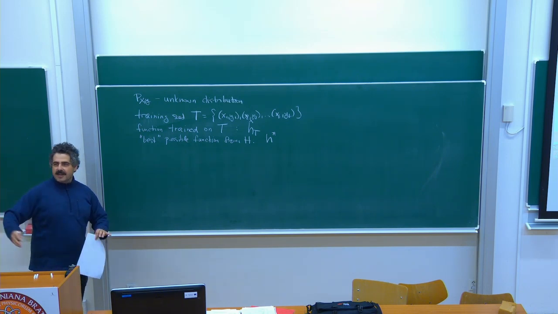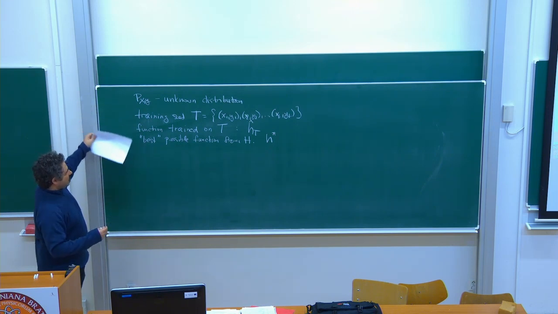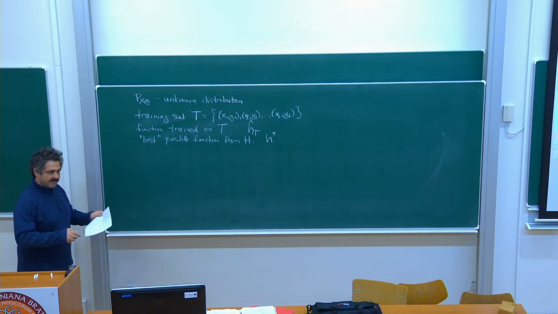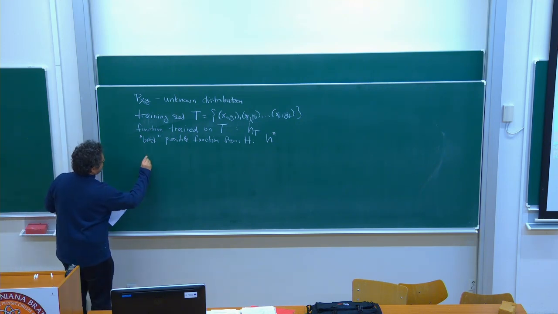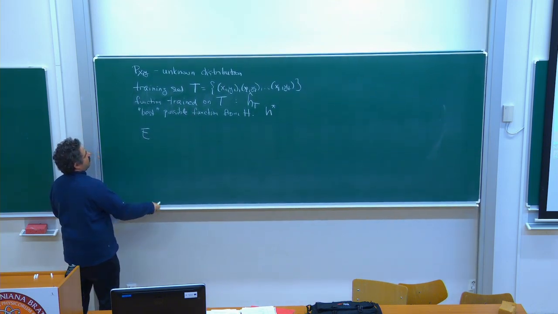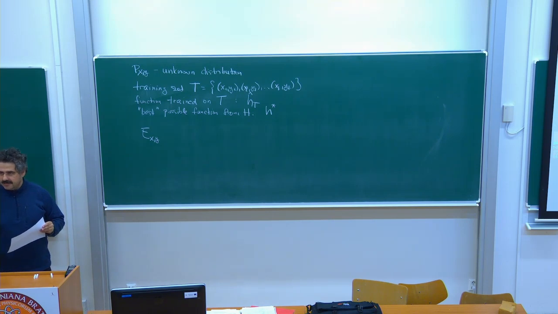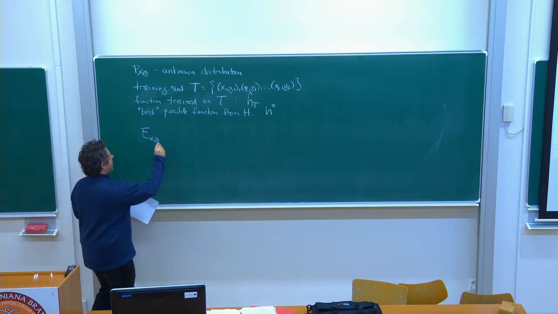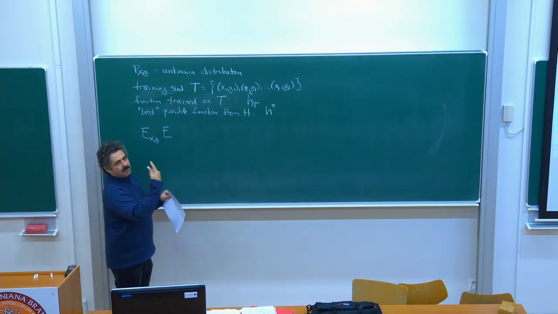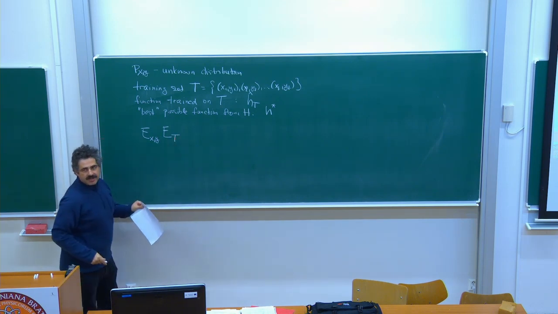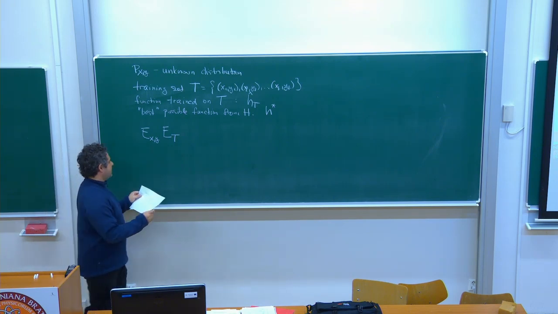That's the whole thing. And if we do it infinitely many times, the expected testing error will be the average of all of these tries. So we can write it as an expectation over one pair of x and y, which is the testing example, and an expectation over the whole training set, since we also select the training examples.